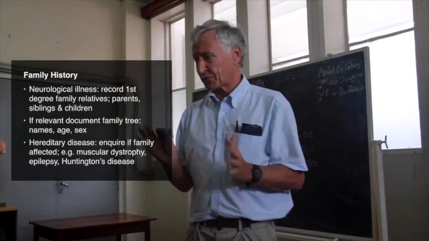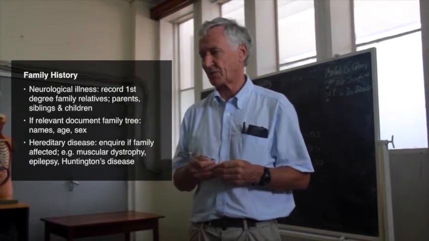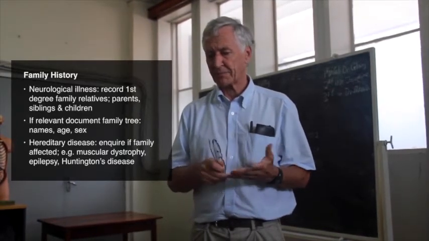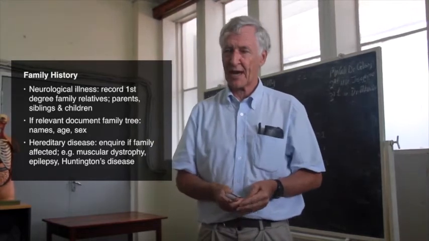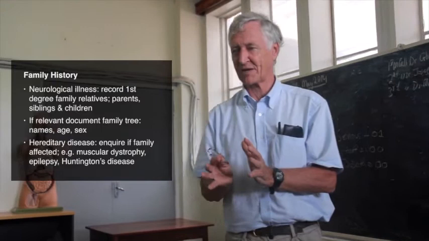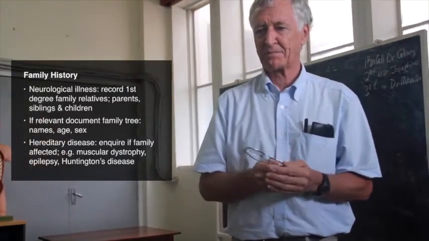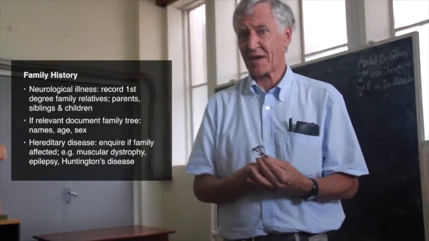Family history. I think you know that we record first what we call first-degree family relatives, and you know what they are. Parents, siblings, and children. We're interested in neurology often in genetic diseases at this point. For example, we see epilepsy actually runs in families.